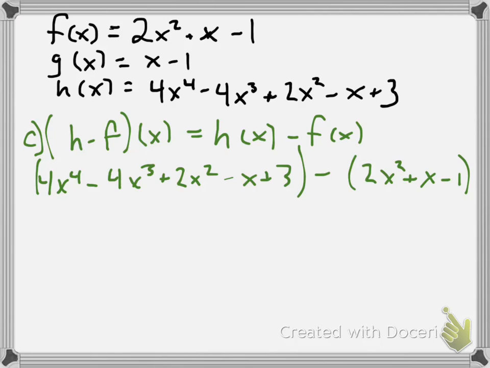Remember, when we're subtracting, it's like turning this to addition and switching all the signs here. So that would become a negative and that would become a positive. Now we can just combine like terms.